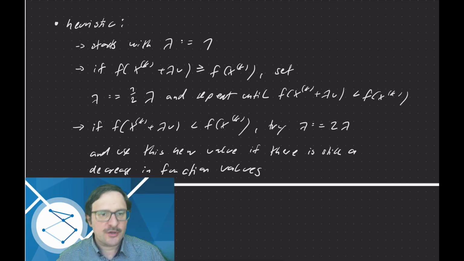So that is to make sure that we don't get a very small lambda, and then just keep at that and hardly make any progress. So that's to ensure we make sufficient progress if we can.